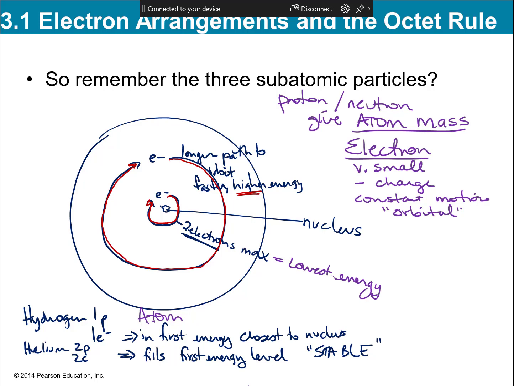That first energy level is so small, you can't put but 2. So 2 electrons is the maximum number that fits in this center. Everything bigger than that, grab a periodic table because you'll definitely need that. Everything larger than that is going to have to start filling an energy level that's bigger.